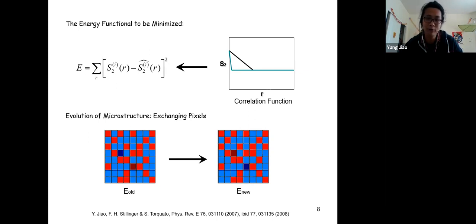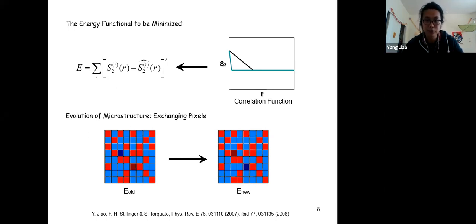Now, whether the microstructure you find, with an identical correlation function, will look the same as the target is not guaranteed, because it's not quite clear whether the two-point correlation function will be sufficient to quantify all of the microstructure information for a certain system. But at least this defines an optimization problem that allows us to find a microstructure that can match all of the statistics or all of the representations that we define. Okay, so that's basically the reconstruction process.